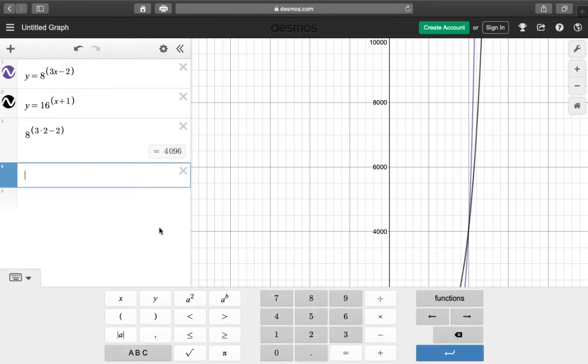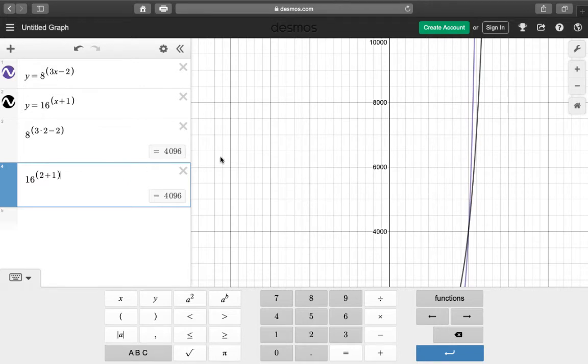The other expression that I can evaluate is 16 to the exponent, and I'm going to put the exponent in brackets, 2 plus 1, close the brackets, and it's also 4096. So having the same value for the left-hand side and the right-hand side of the equation confirms that x equals 2 is the solution that satisfies the equation.